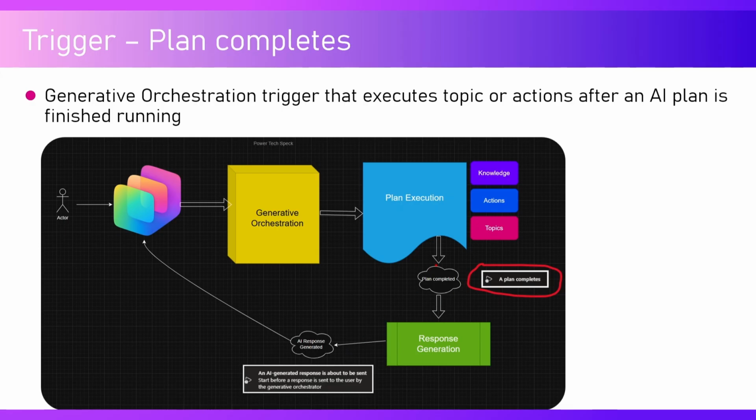Even over here, if you see, plan completed, then we have AI response generated. The plan is completed, the large language model has generated the response as well, but it has not been sent to the user. Now you can intercept the request over here. You may ask why it is required. See, artificial intelligence will give you a response to a query, but not necessarily every time will you receive a correct response, or accidentally some personal information may be shared by an agent which it is not supposed to share.